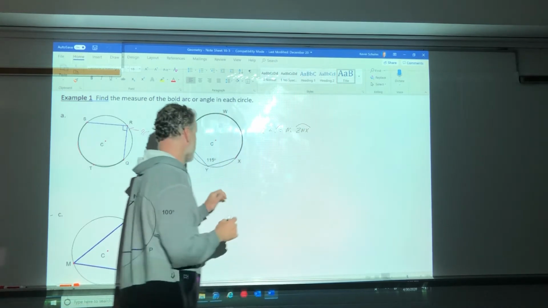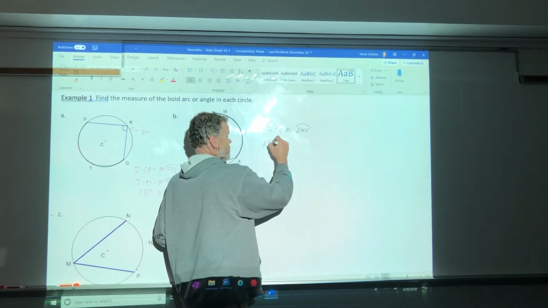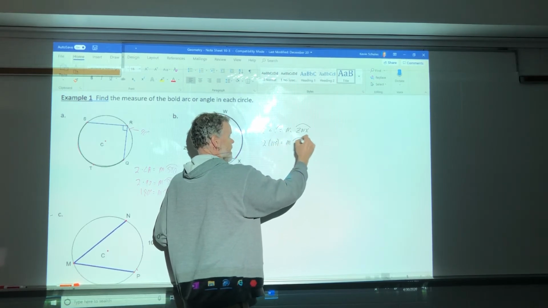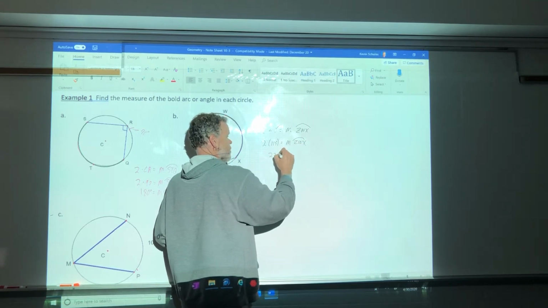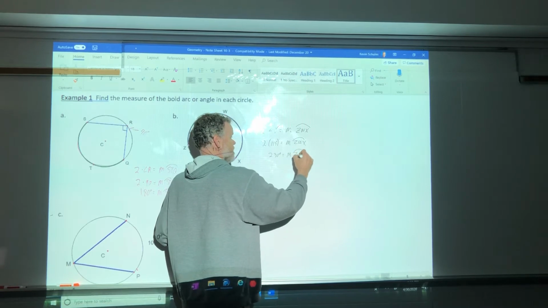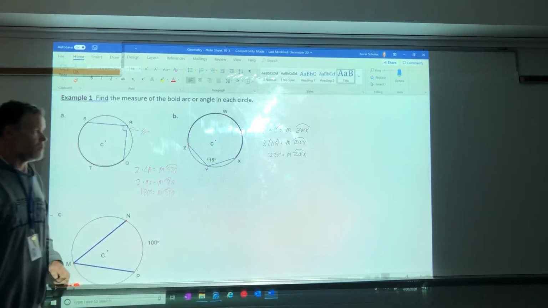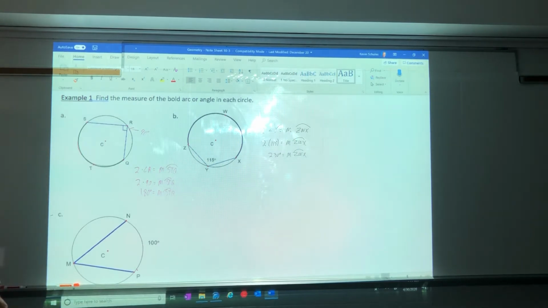And we know Y equals 115 degrees. So 2 times 115 equals the measure of arc ZWX. 230 equals the measure of arc ZWX. 230 degrees equals the measurement of arc ZWX.